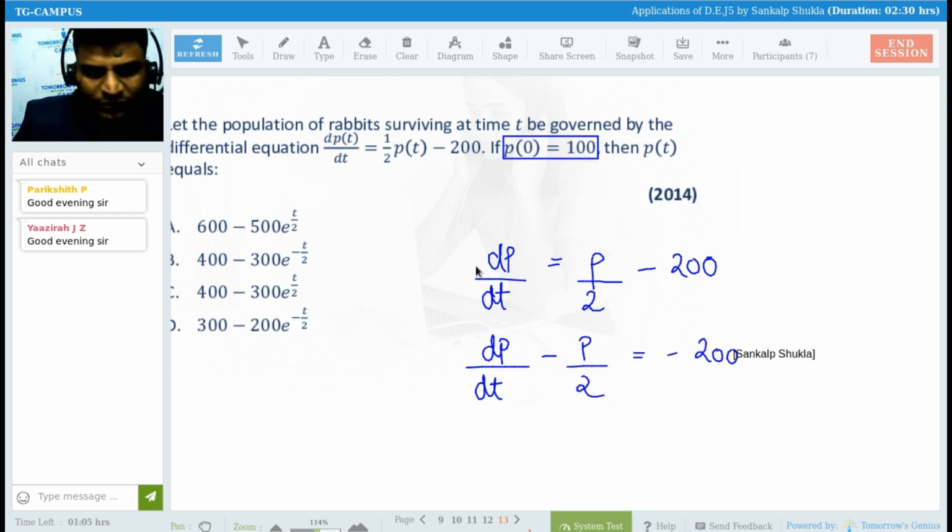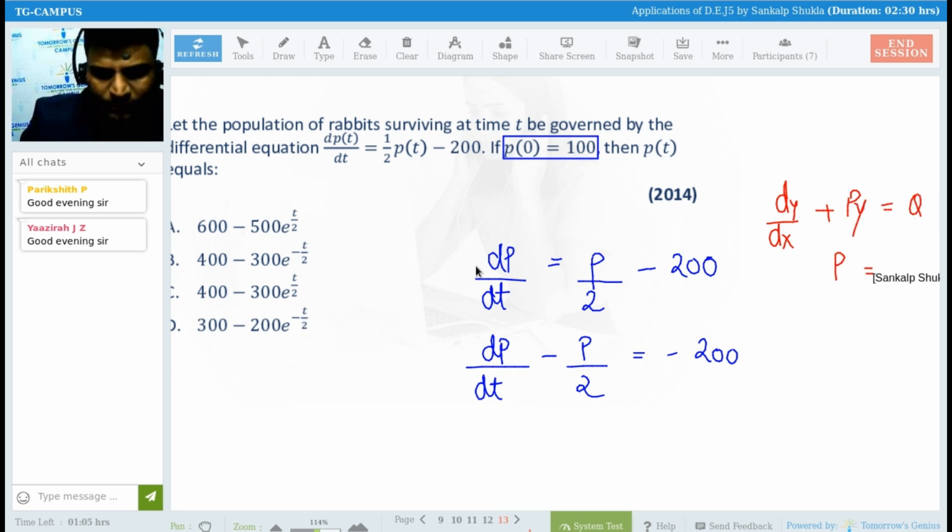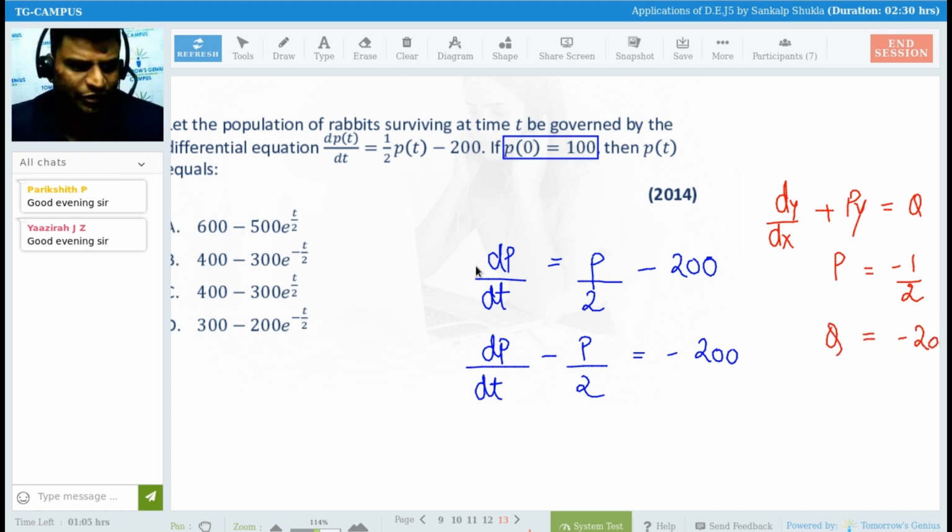So now everyone knows that if we compare this with dy by dx plus py is equals to q, the value of p is minus 1 by 2 and the value of q is minus 200. Please solve this question on your own. Again giving you 2 minutes to solve this. Okay. Try this on your own.